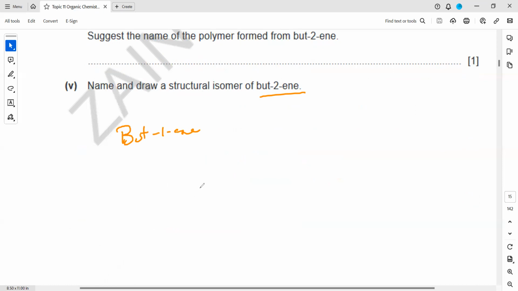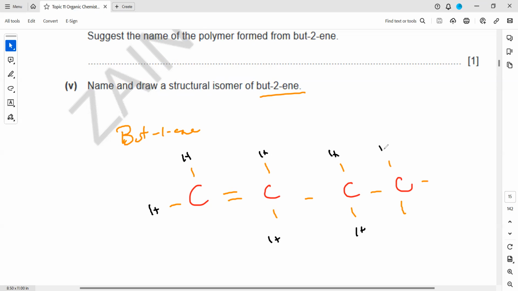But means 4 carbon atoms, and between 2 carbon atoms there will be a double bond. This will have 2 hydrogen, this will have 1 hydrogen, this will have 2 hydrogens, and this will have 3 hydrogens. Whenever you are drawing the structure, you always show all the bonds and all the atoms which are linked. So this is the structure of but-1-ene.